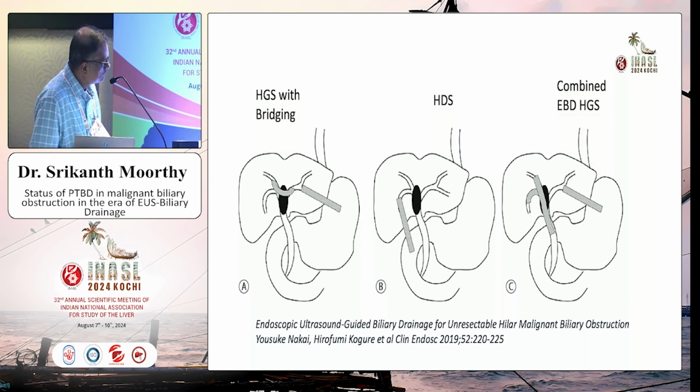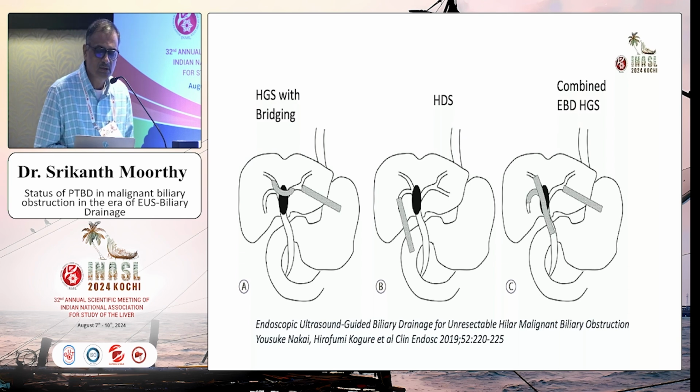Now, if you look at this diagram, a diagrammatic representation of the hilar stricture, it is obvious to us that any duct can be easily accessed by a percutaneous approach. So the ability to selectively puncture selective ducts in a situation like this from outside is a natural advantage that we have with PTPD.